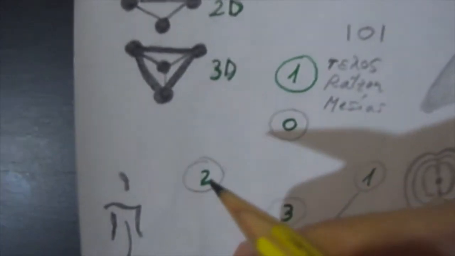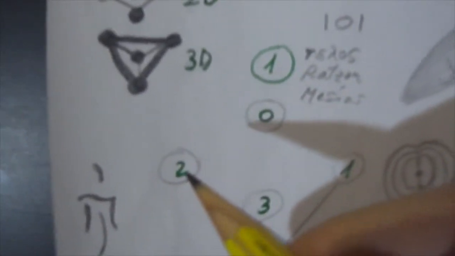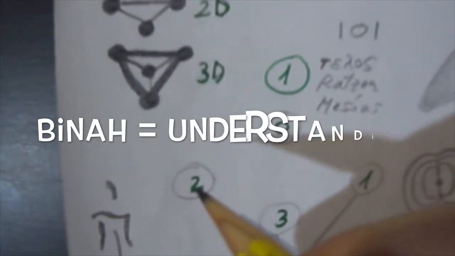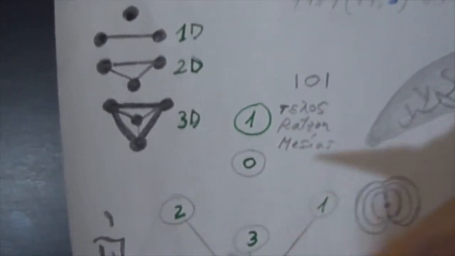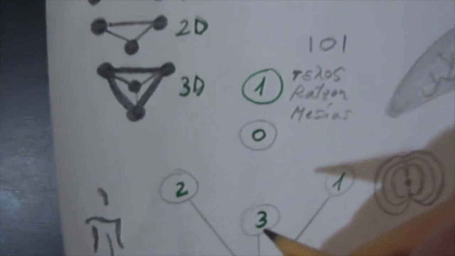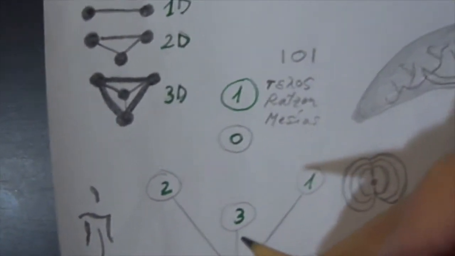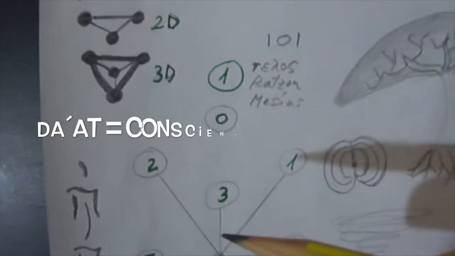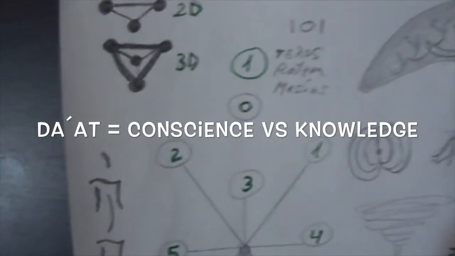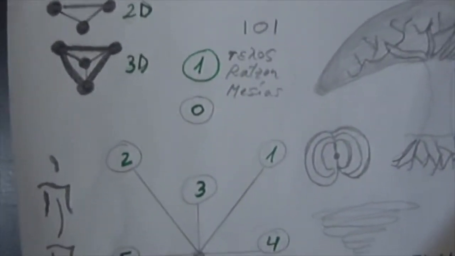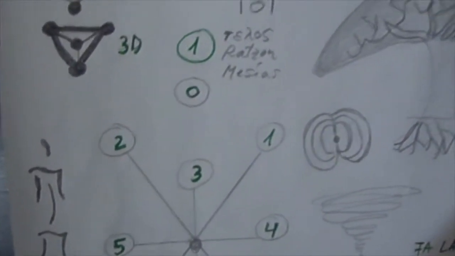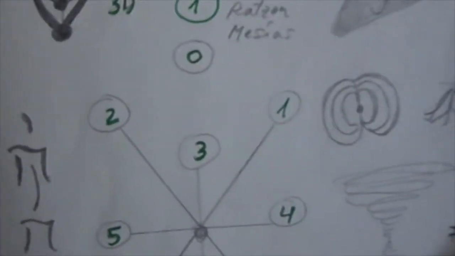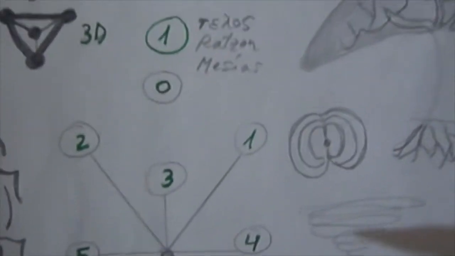This is why wisdom goes into understanding of life, Bina, the binary aspect of life, which is reconciled by conscience, represented by 3. This is that, usually translated as knowledge, which is not accurate because knowledge does not lead to the development of consciousness and is not comparable to integrated conscience.